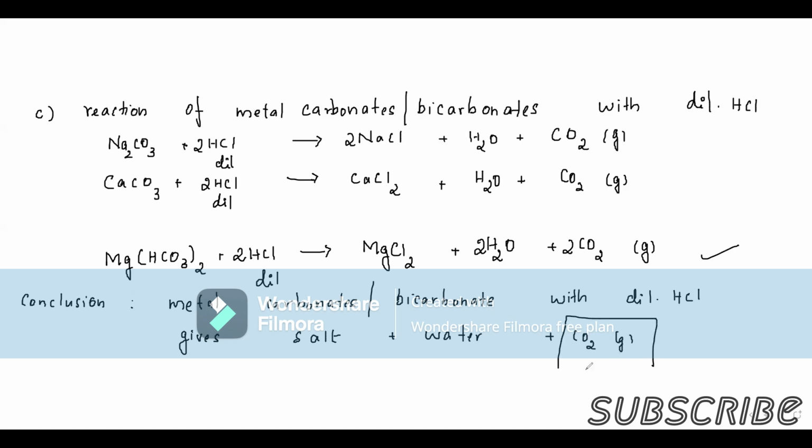Now, since there is a gas here, you can expect the question: suggest a chemical test for the gas. Which gas is evolved? Suggest a test for the gas evolved.